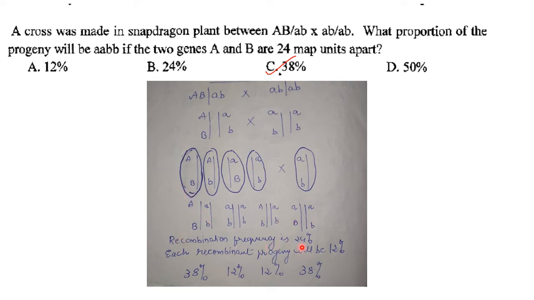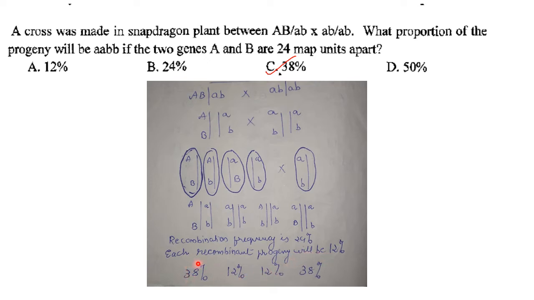So recombination frequency is 24%. So each recombinant progeny, that is the center ones. These are the parental phenotypes AB, AB and small a, small b. They are the parental genotypes. The recombinant progeny will be 24%. So each recombinant progeny will be 12%.